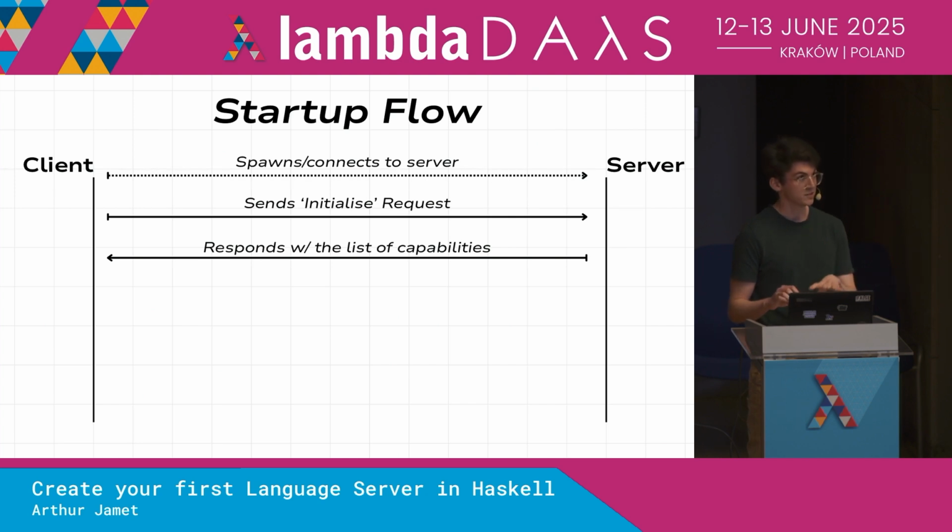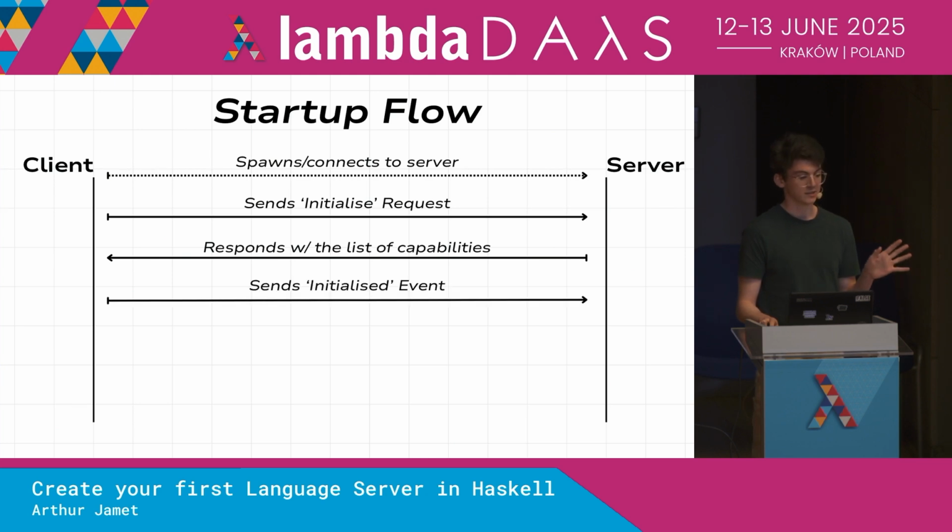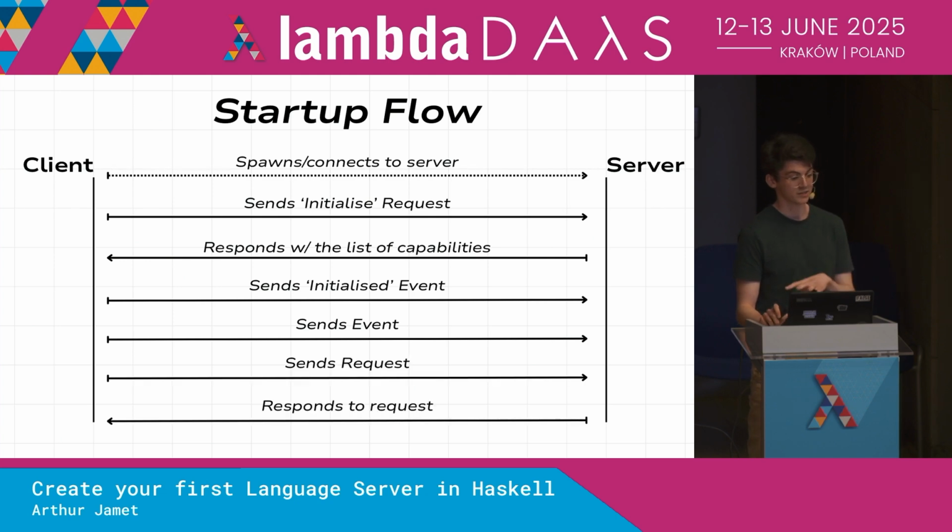This list of capabilities allows the client to filter out the events and requests not to send to the server to avoid any useless message passing. And then the client sends an initialized event. And once this event is sent, the client and the server can start working together. So as we saw before, the client can send events or requests, and the server can send back responses.